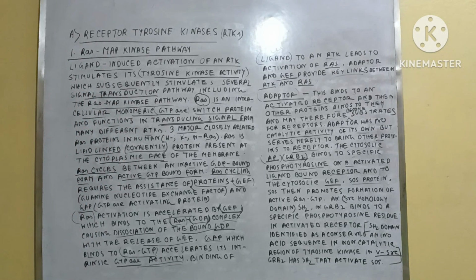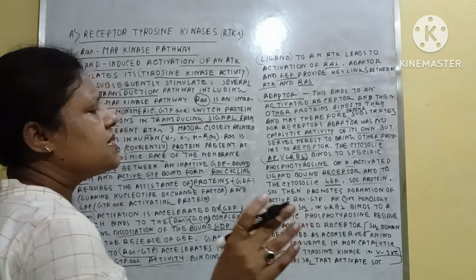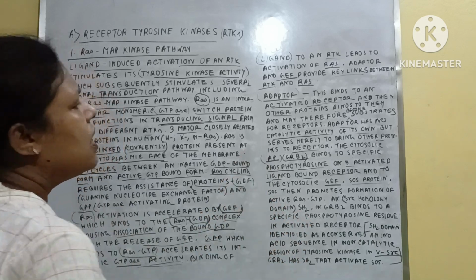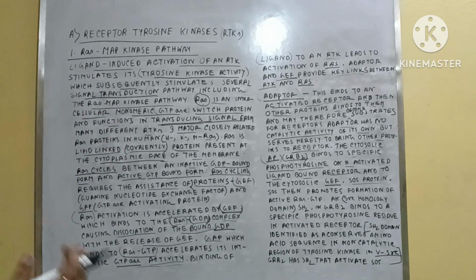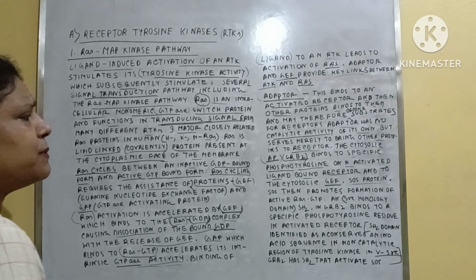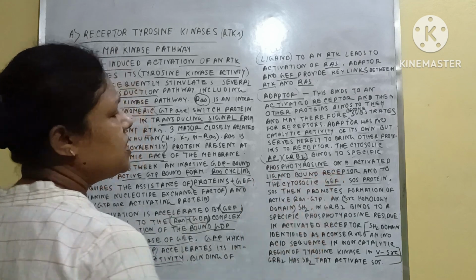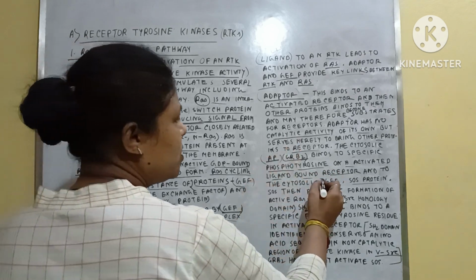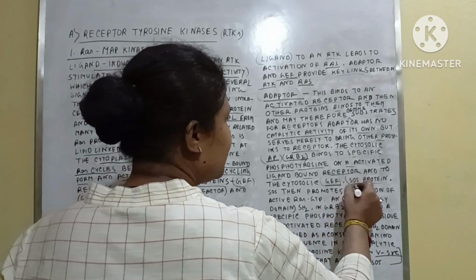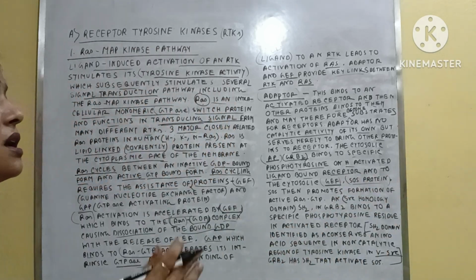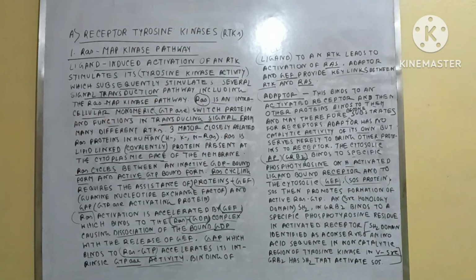So this is an example that GRB2 is one kind of adapter protein. When it binds with the ligand-bound receptor, it attracts two kinds of protein. One is the GEF, another is the SOS protein, to bind with the ligand-bound receptor.